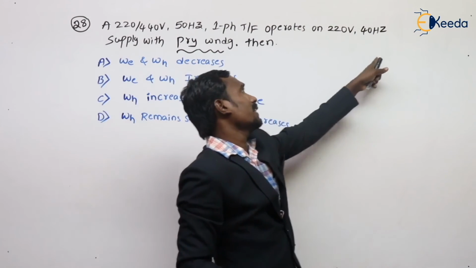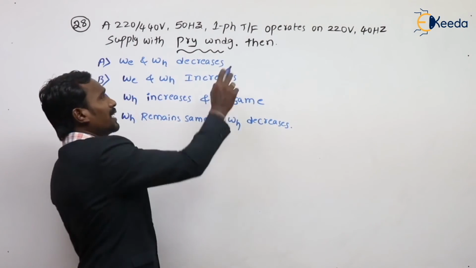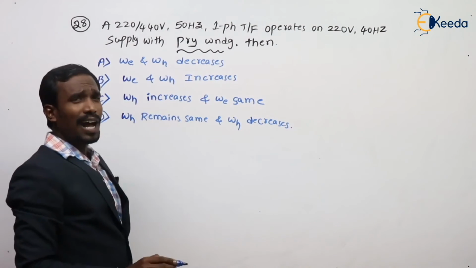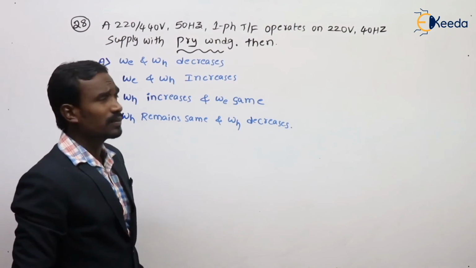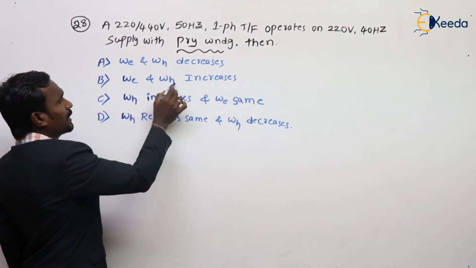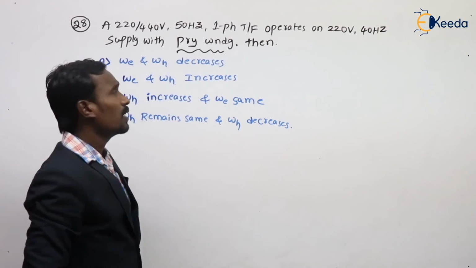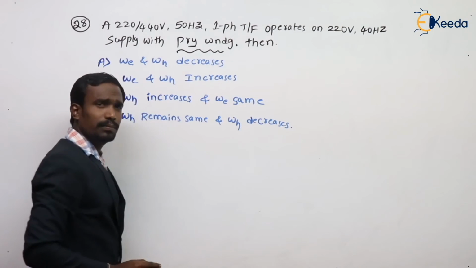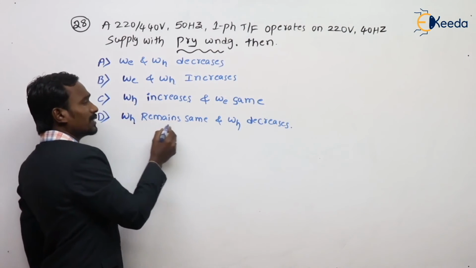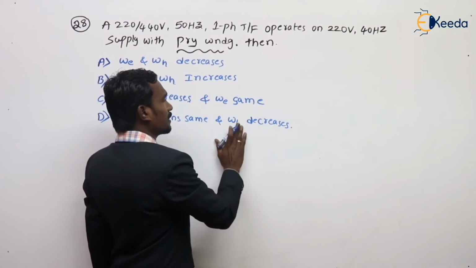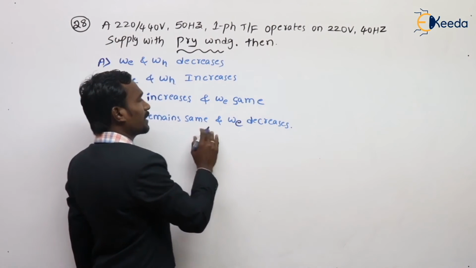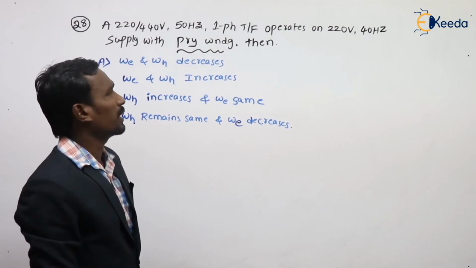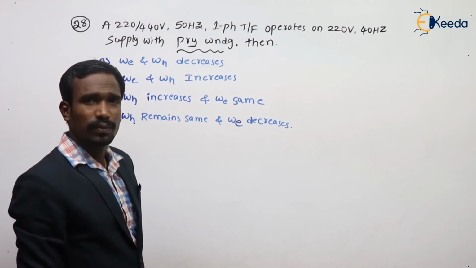Then, eddy current losses and hysteresis losses decrease, or eddy current losses and hysteresis losses increase, or hysteresis losses increase and eddy current losses remain the same, or hysteresis losses remain the same and eddy current losses decrease. This is the question they gave, and the options.